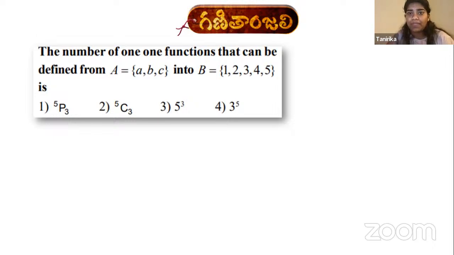So is it 5P3? Yes, that is 5P3. Very good. Mark that option.